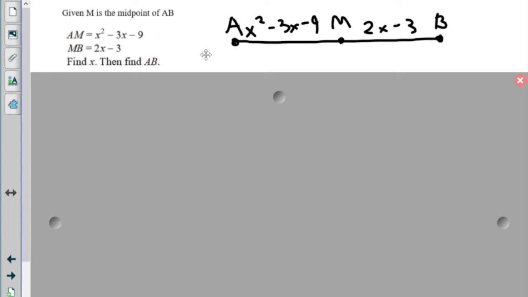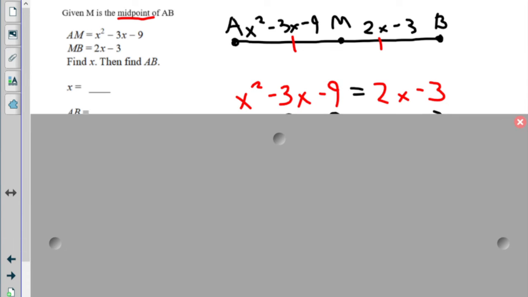And hopefully you remember that what a midpoint does is it splits the segment into 2 equal pieces, which gives me, we should set the pieces equal to each other.